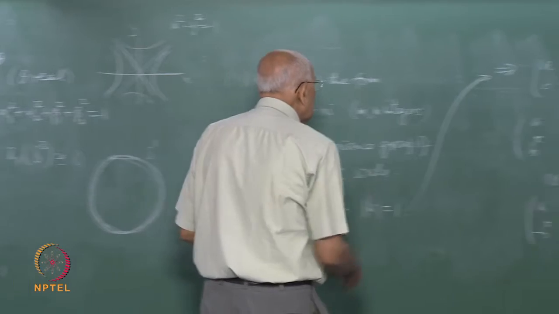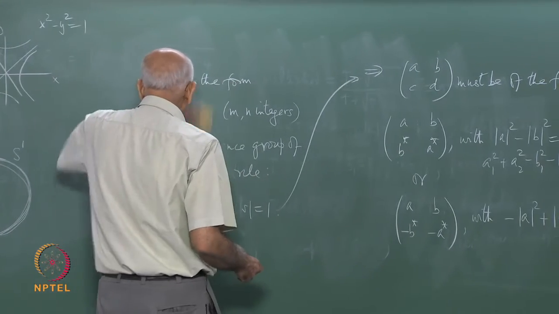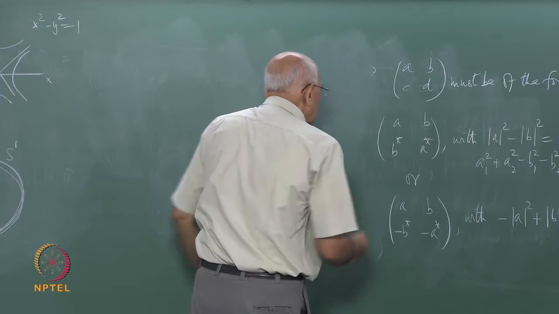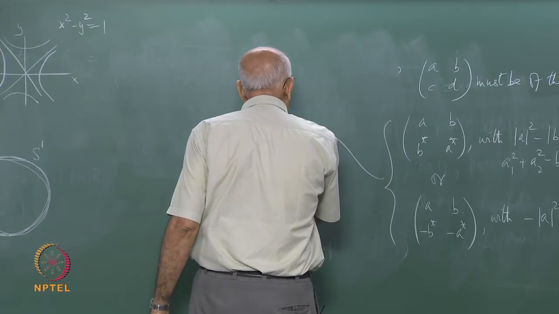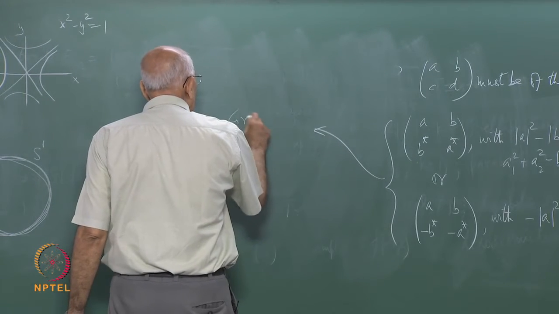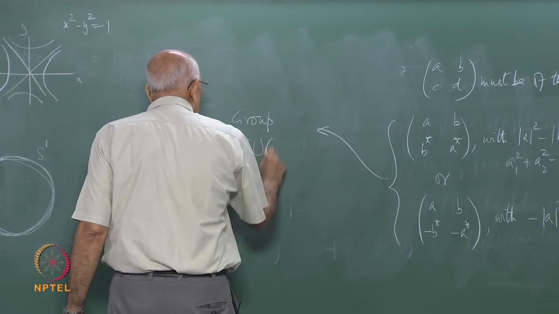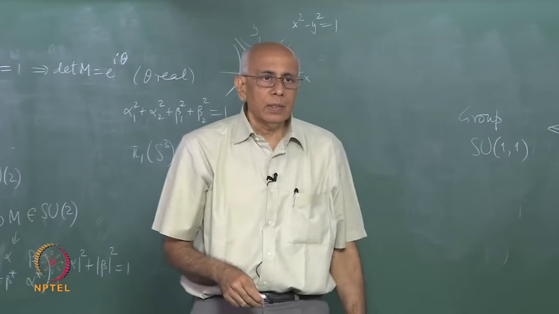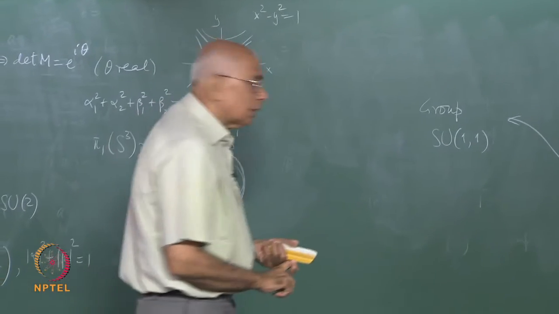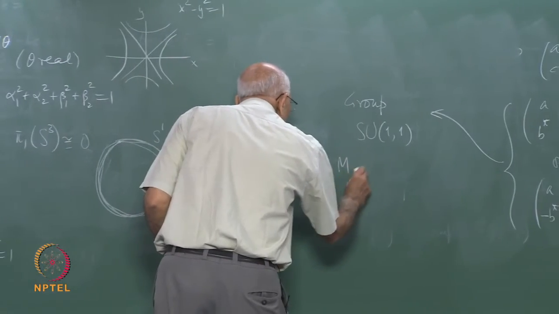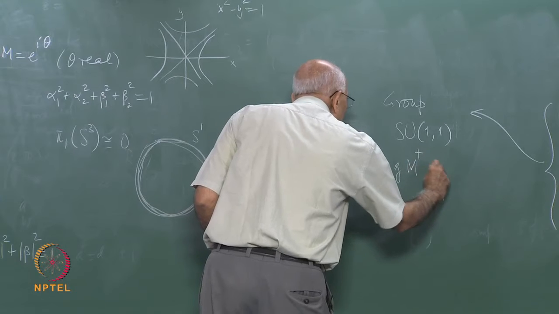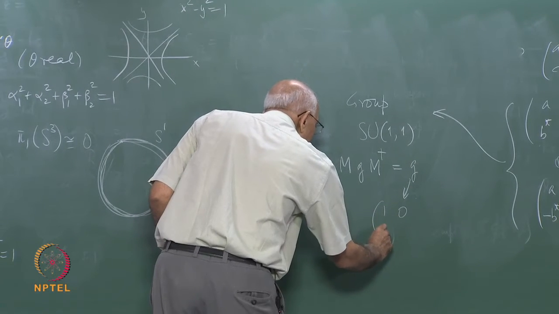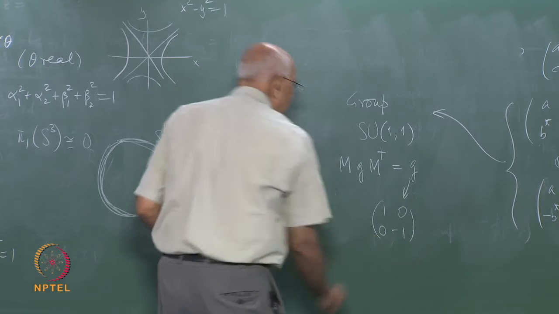Now this set of matrices forms the group SU(1,1) because of that minus sign. So it is the set of matrices which do not satisfy a unitarity condition, but which satisfy a condition like M G M dagger equal to G, and G is this metric matrix, diagonal 1, minus 1.